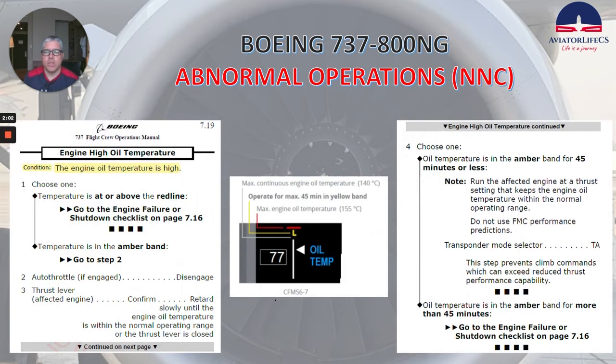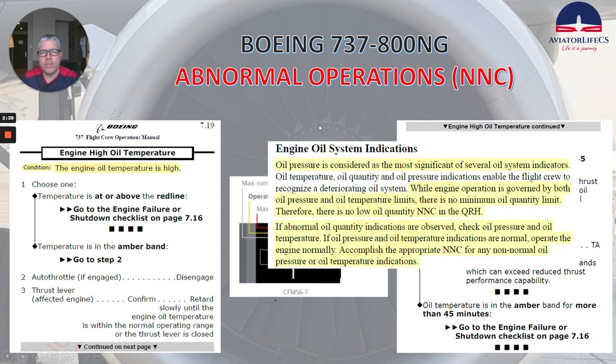Engine high oil temperature. The condition: the engine oil temperature is high. Engine oil system indications, and this is information we can find in the FCTM. Oil pressure is considered as the most significant of several oil system indications. While engine operation is governed by both oil pressure and oil temperature limits, there is no minimum oil quantity limit.